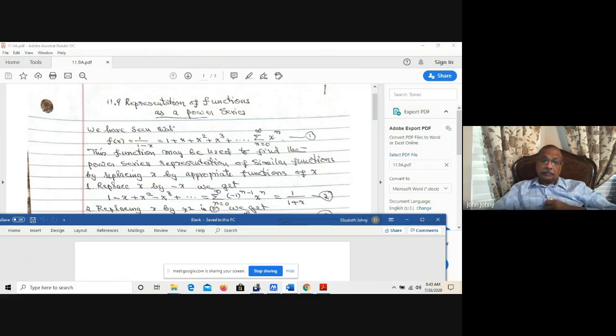So that is sigma n varies from 0 to infinity of (-1)^n x^n.